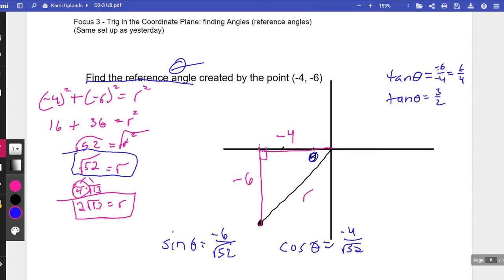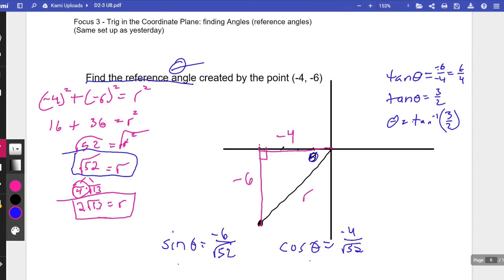So, for instance, tangent of theta would be tan inverse of 3/2. And you could do the same thing for either one of these, for the sine or cosine, inverse sine of 6 over the square root of 52 or whatever.